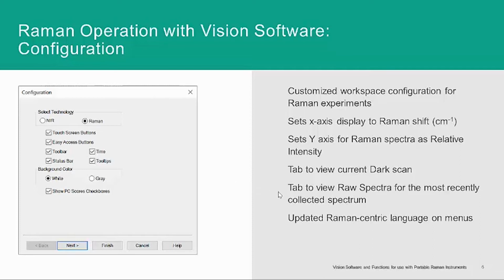It will also introduce a tab to view the current dark scan as well as the raw spectrum for the most recently collected spectrum. And there will be updated Raman-centric language on all the menus from data acquisition through the analysis modes of quantitative and qualitative analysis.